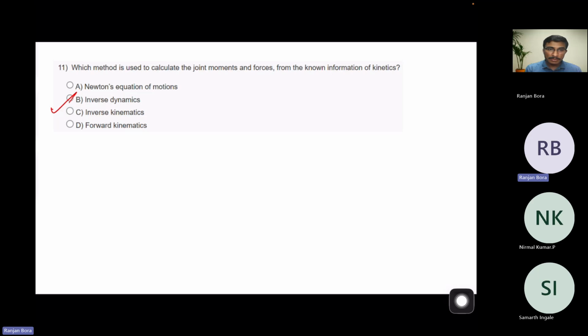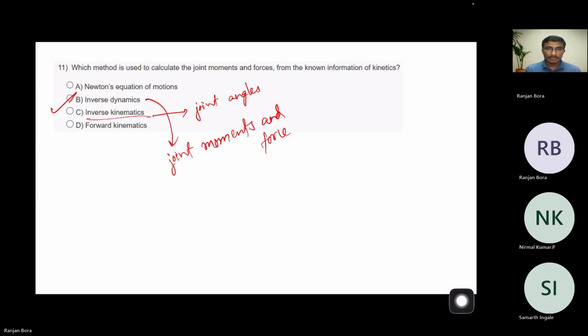Do you have any doubt in this question? From inverse kinematics, we get the joint angles, all the kinematics information. And from inverse dynamics, we get joint moments and forces.